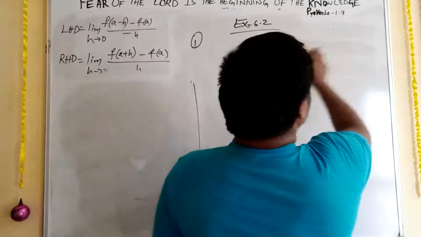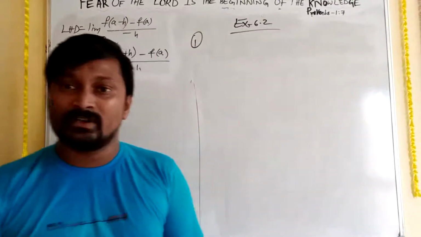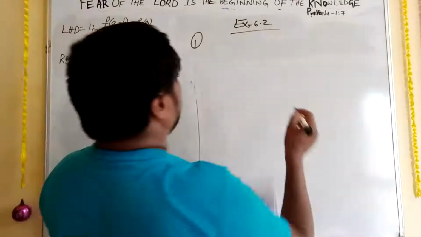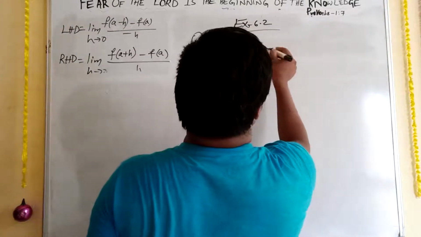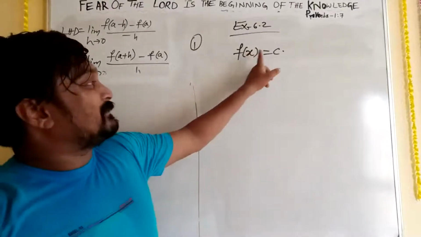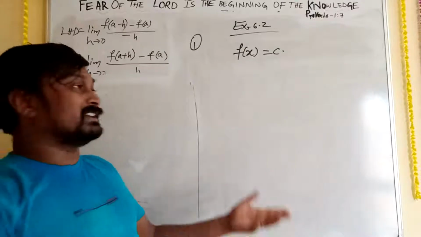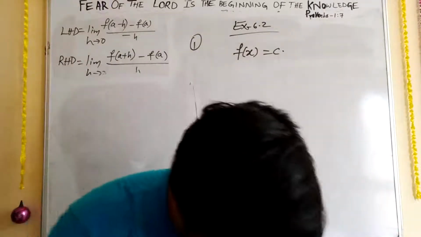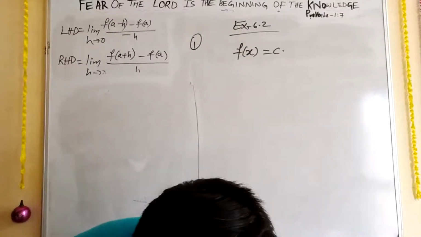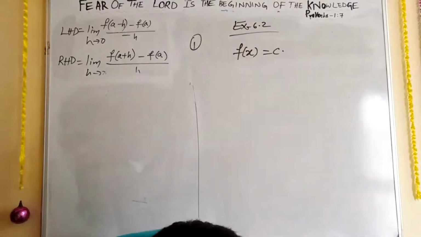So now we are going to discuss B. That is the second one: constant function f of x is equal to c. Very nice question. Here c is a constant. Now for this also we have to find it out. It looks terrible, but we'll try to find out how the answer is going to be.